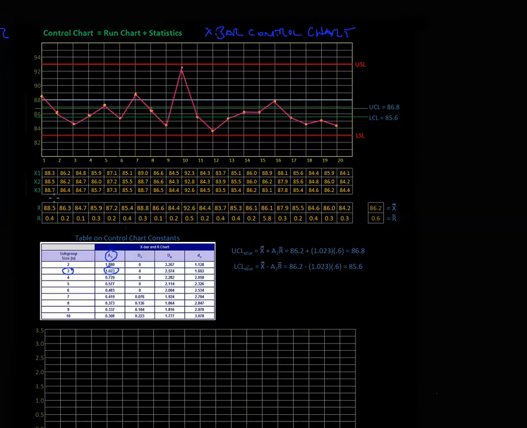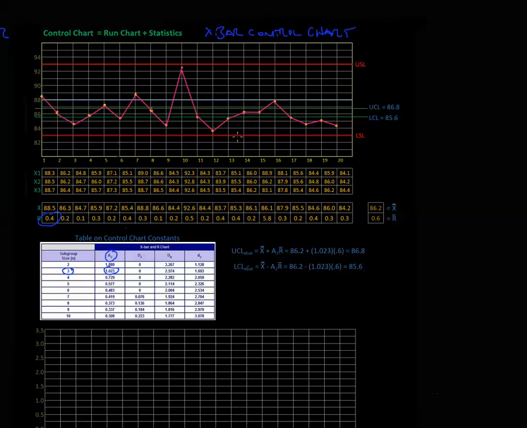So for instance, this R value right here, 0.4. So our variation within our first subgroup is 0.4. And we see similar values, 0.2, 0.3, etc. That's typical, in fact, our average R bar is 0.6. So that would be a typical or an average variation within sample. But the question is, is that consistent with our sample-to-sample variation?